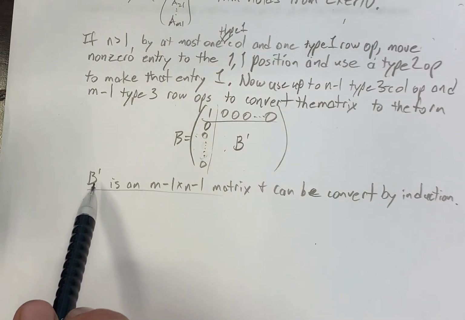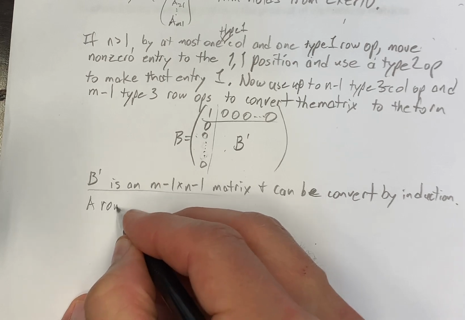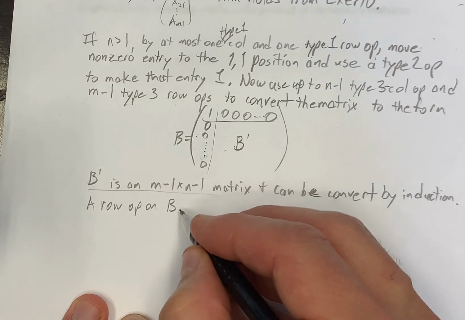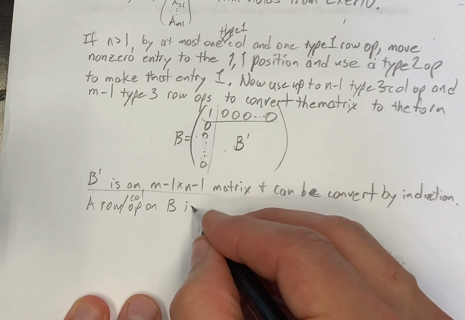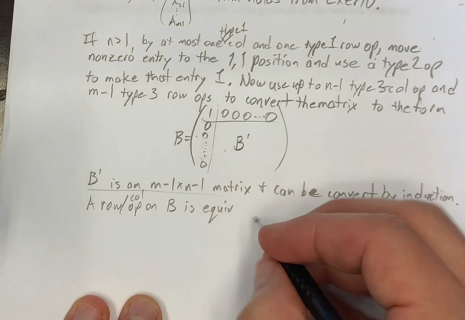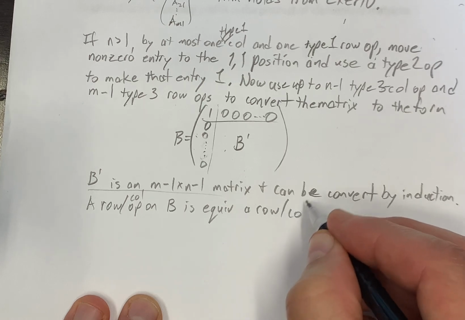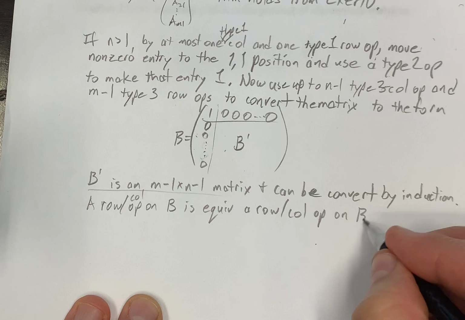But one should notice a row operation on B, or column operation, is directly equivalent to a row or column operation on B prime.